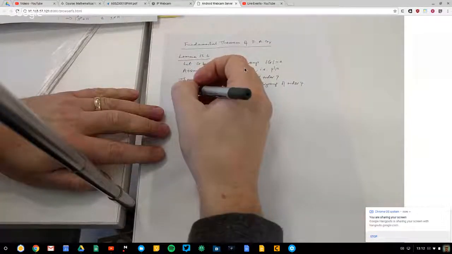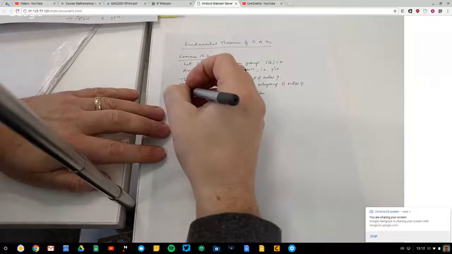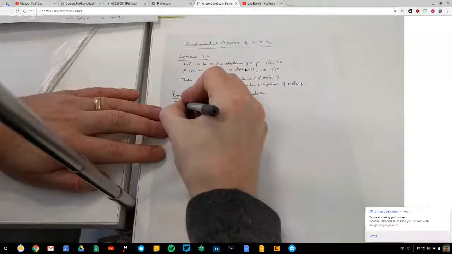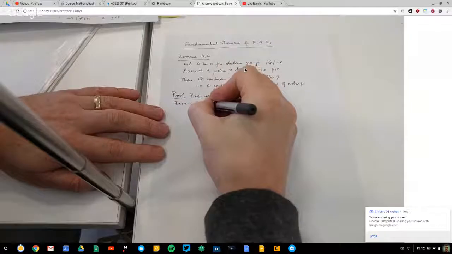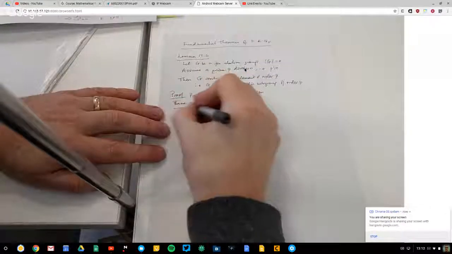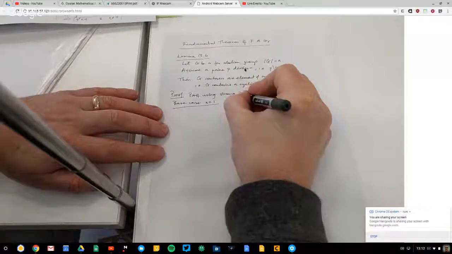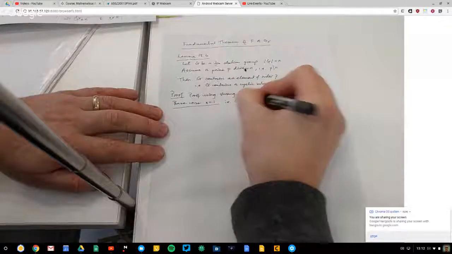And hi, George. Yeah. So we're just starting the proof of lemma 13.6. So first of all, we can look at a base case, just because it's quite easy to do. So, i.e., G being the trivial group.